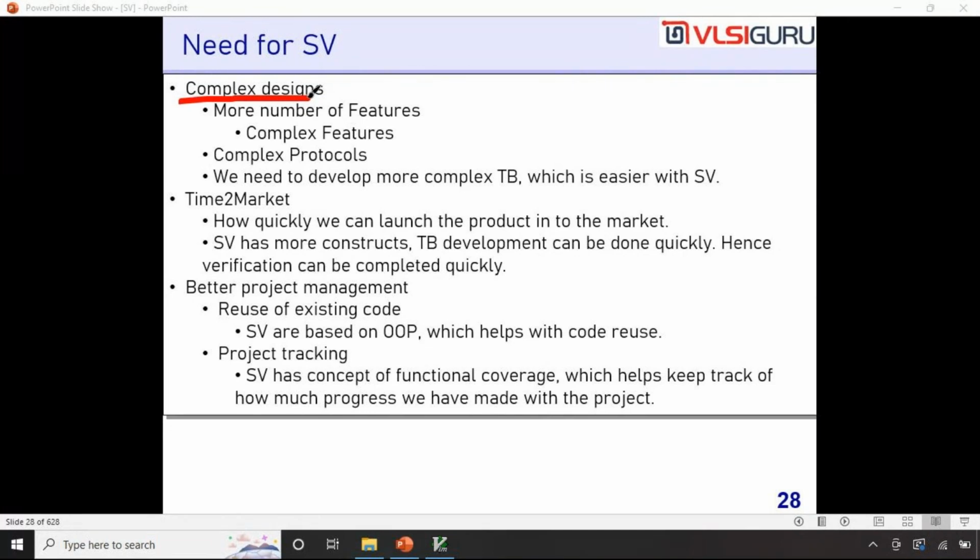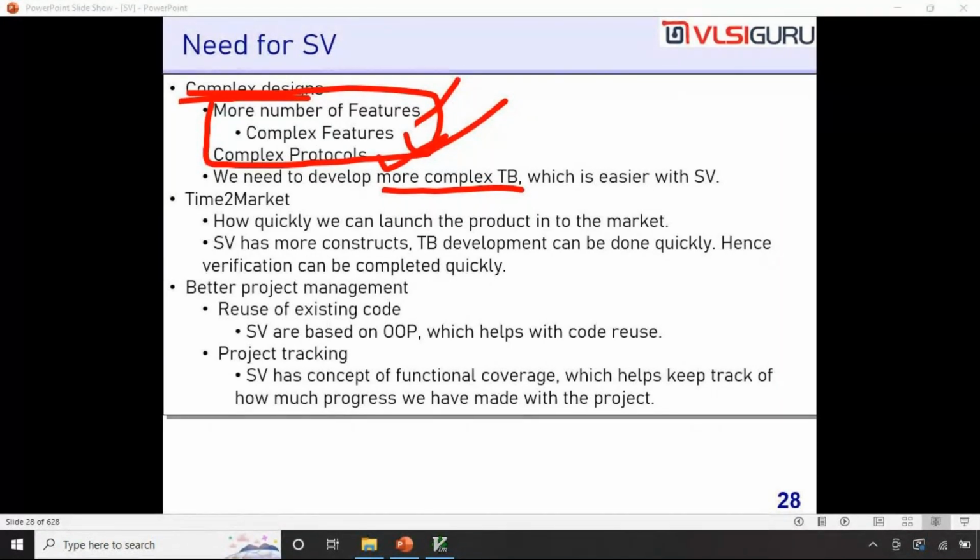What is meant by improvement? More features, more complex features, more complex protocols. With all these things, we need to develop a more complex test bench. If the design is complex, our test bench also has to be complex, right? Do you agree?